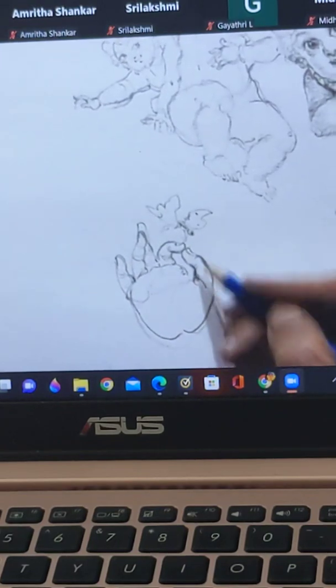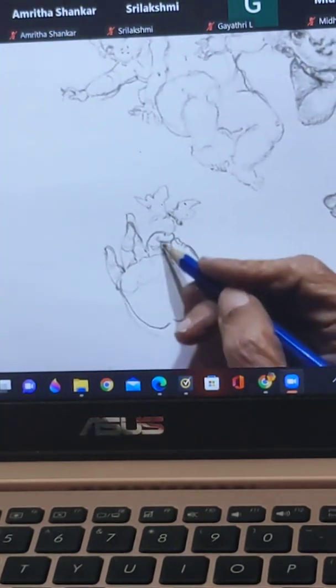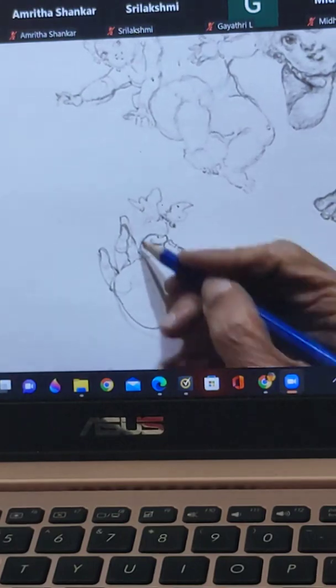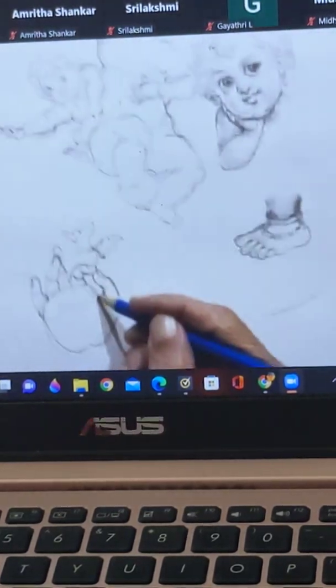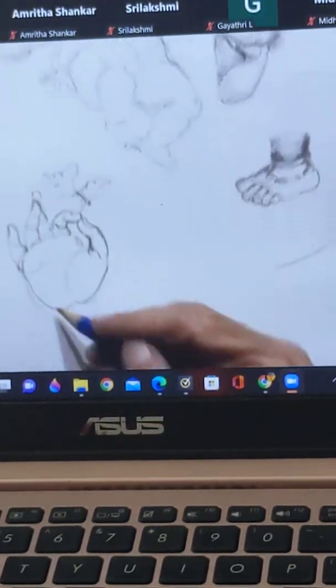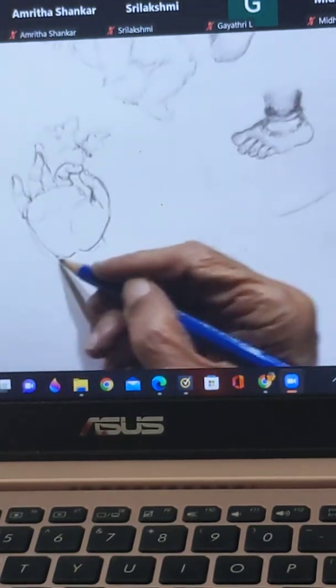When you're drawing kids, generally do not show the bones. Don't make the kids bony because that will not give the character.